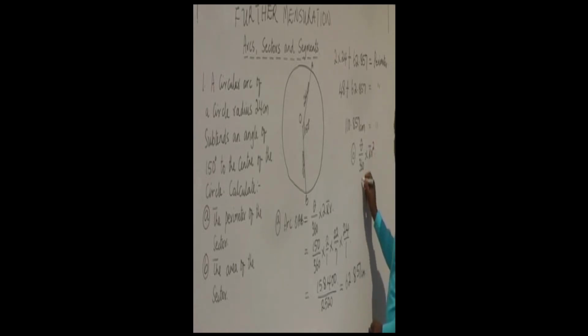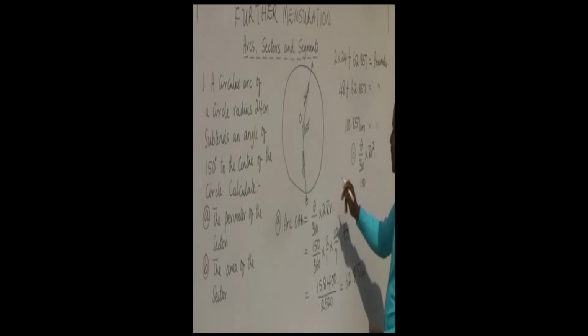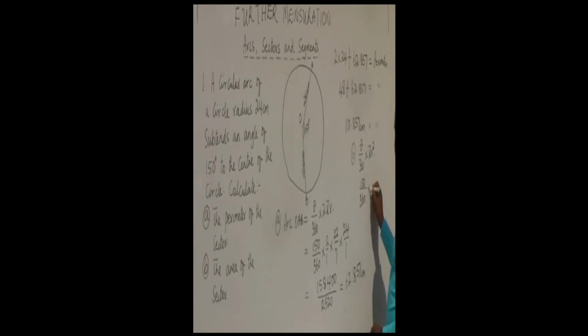Our theta is 150 divided by 360 times 22 over 7, the value of pi, times 24 squared, r being the radius of the circle, all over 1.